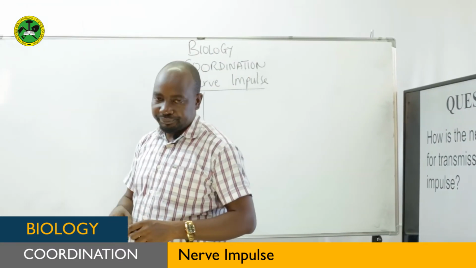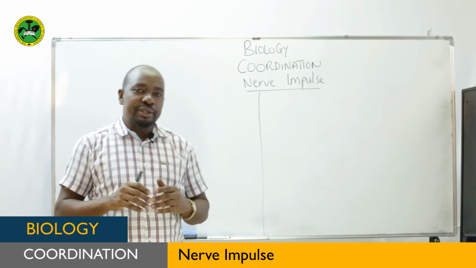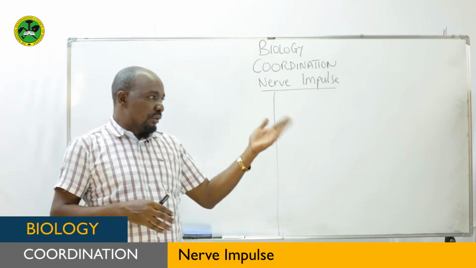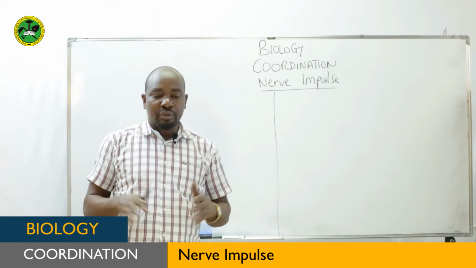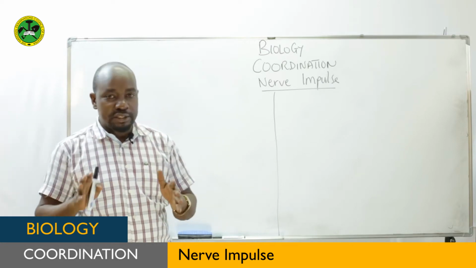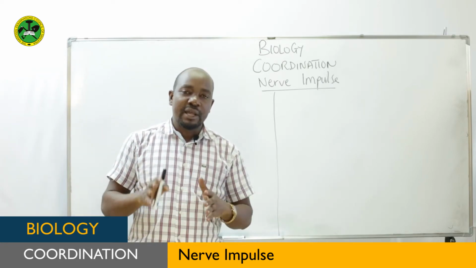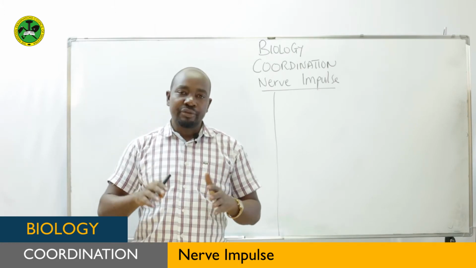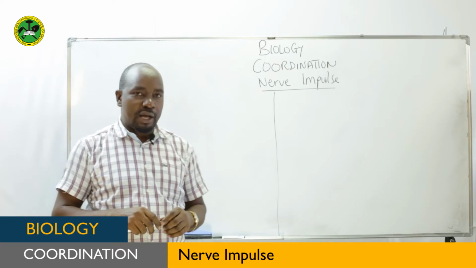A neuron is a specialized cell. The major function of transmission of nerve impulse is done by the neuron. But apart from that, neurons also have other functions.